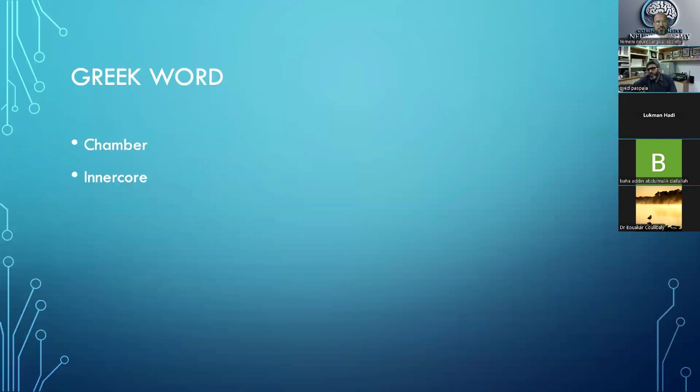a Greek word meaning a chamber or the inner core inside the brain. Even today in Greece, the rooms are addressed as thalami.